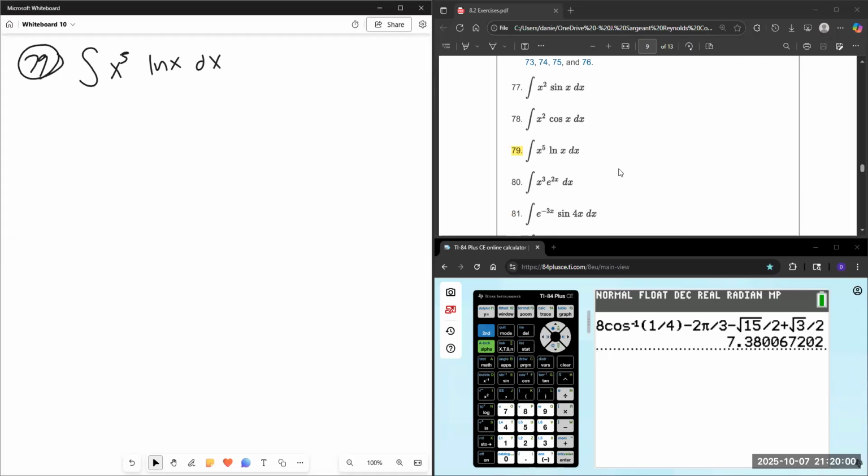Let's not use a formula. I don't think that's usually the way that your teacher has you do it. We can do it pretty easily without the formula here.